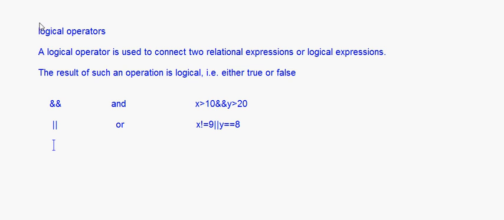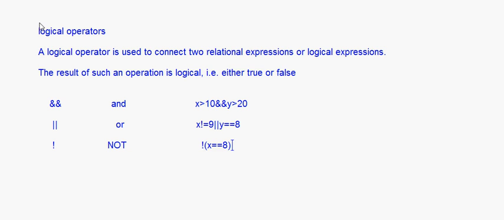And then you have the negation operator. This is logical NOT. NOT means it will just negate it. Like suppose I'll put it like this: x equal to 8, right?